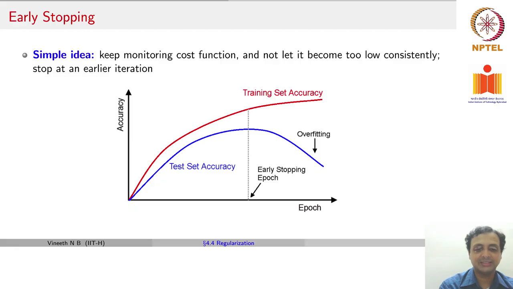So if your y-axis is accuracy and x-axis is the epochs over training, it's possible that your red curve here tells you that as you keep training, your training set accuracy keeps increasing, or your training set loss keeps decreasing. They are both complementary. But it's possible that you held aside some portion of your training data, called it a test set or a validation set, and did not use it for your training.